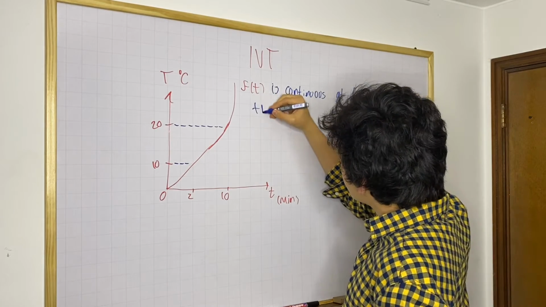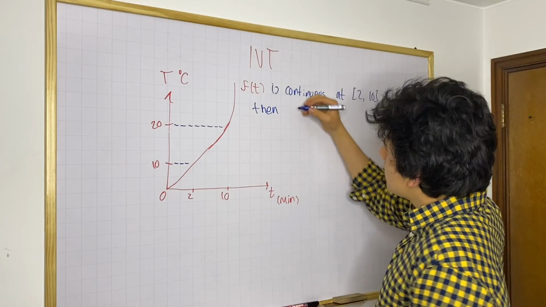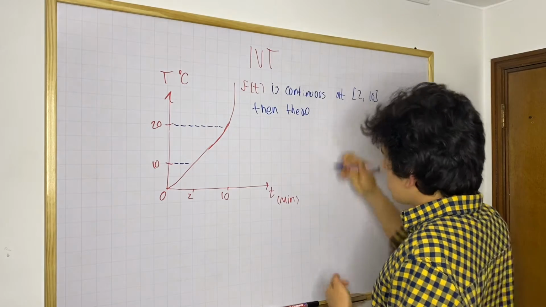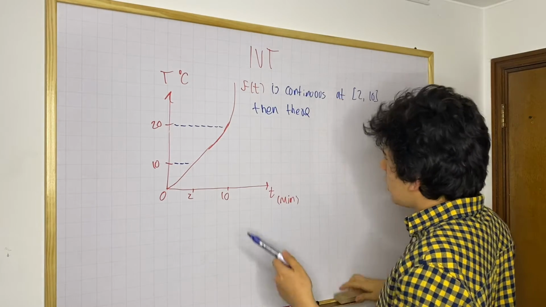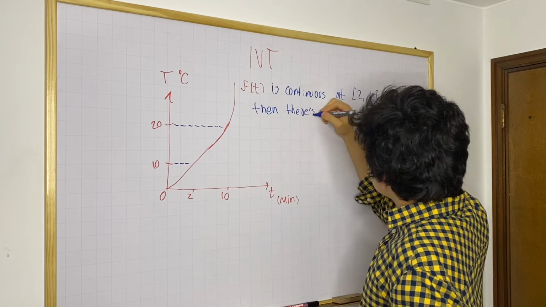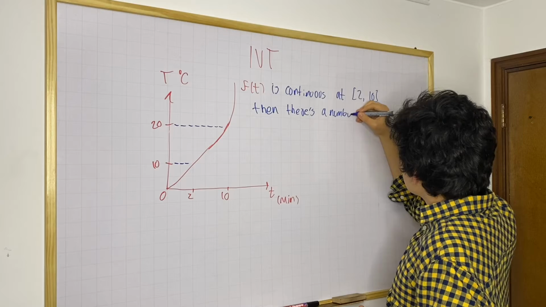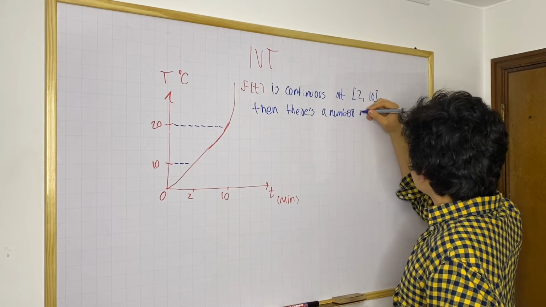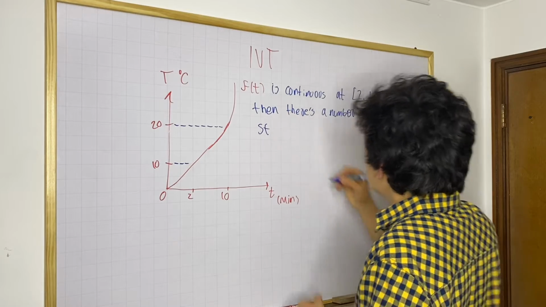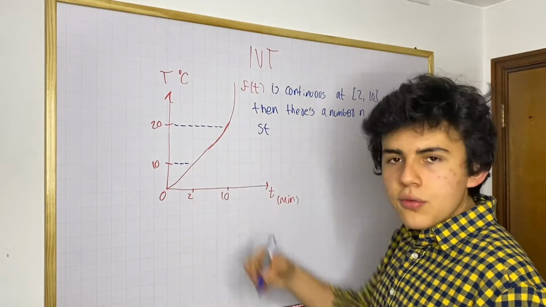then there is a number c, or maybe n, a number n, such that this number n lies between 20 and 10.